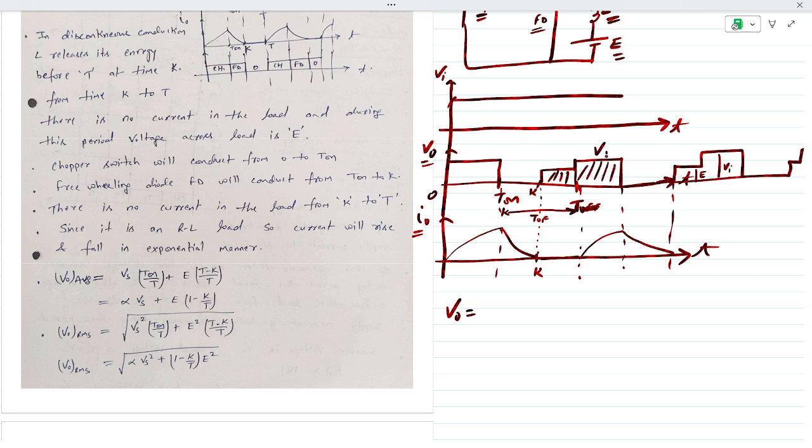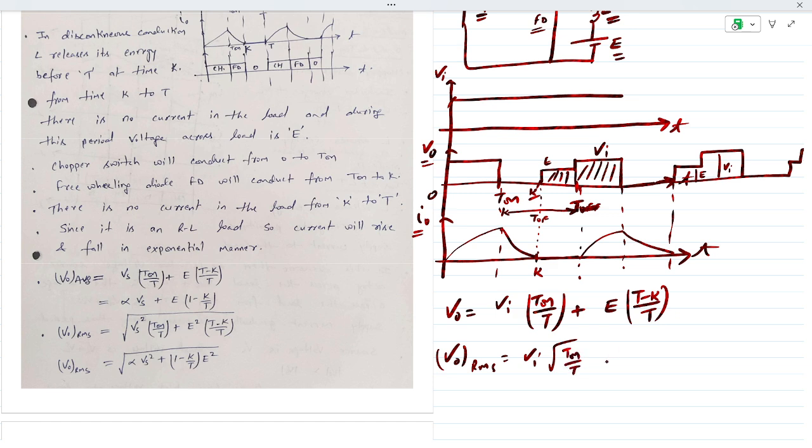This area corresponds to Vi and this area corresponds to E. Simply we can write it is Vi times T on upon capital T, because it is appearing over the T on time period, plus the other voltage, that is E, and this E is for, let's say this is the capital T and this is K, so we can write T minus K upon capital T. So this is the average value, and the RMS value in the same fashion we can draw also.